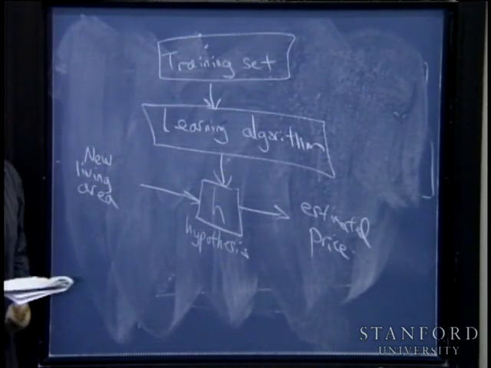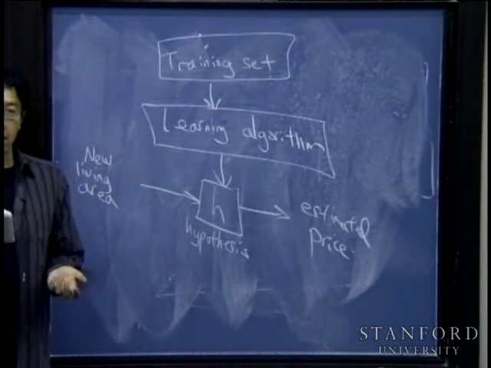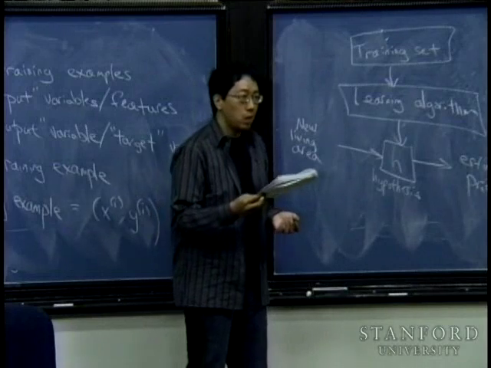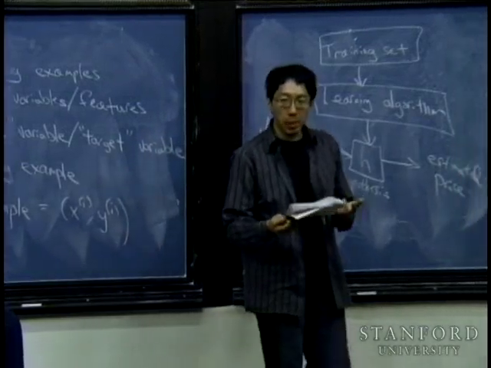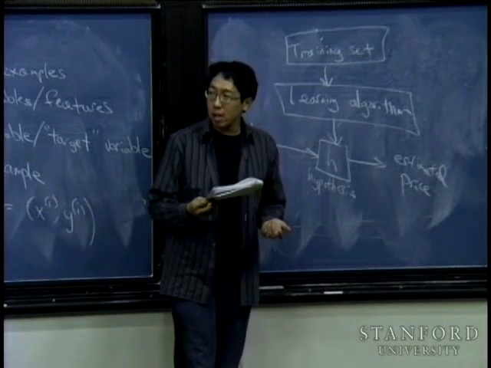So in order to design the learning algorithm, the first thing we have to decide is how we want to represent the hypothesis. Just for the purposes of this lecture, for our first learning algorithm, I'm going to use a linear representation for the hypothesis.